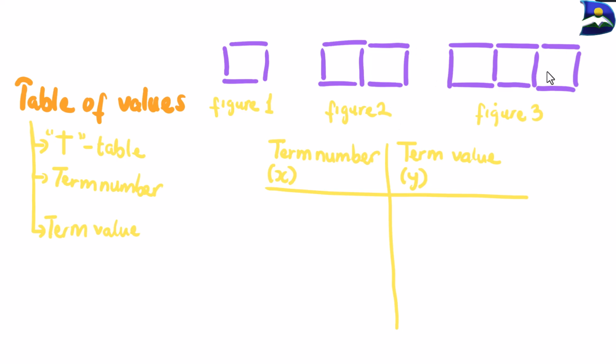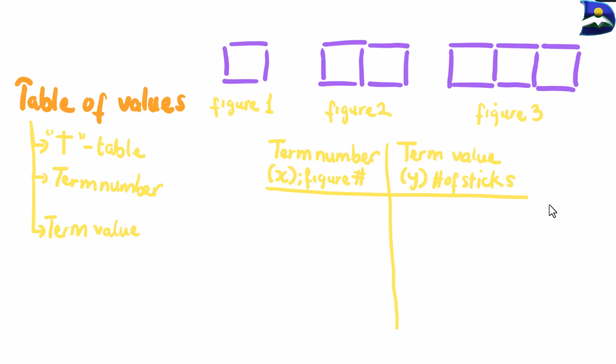So our term number is also represented as the figure number, while our term value is going to be the number of items in that figure. The items we'll be looking at are the number of sides, or the number of sticks, that make that figure.